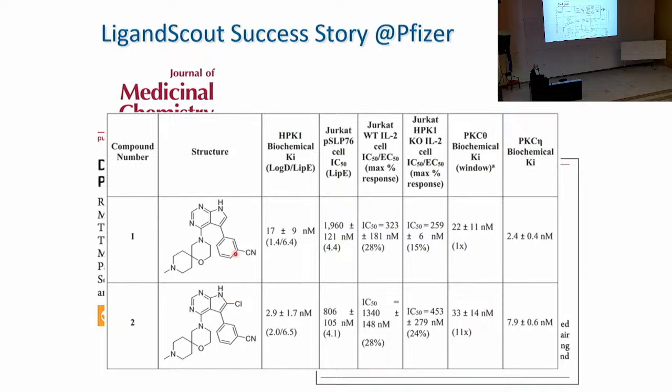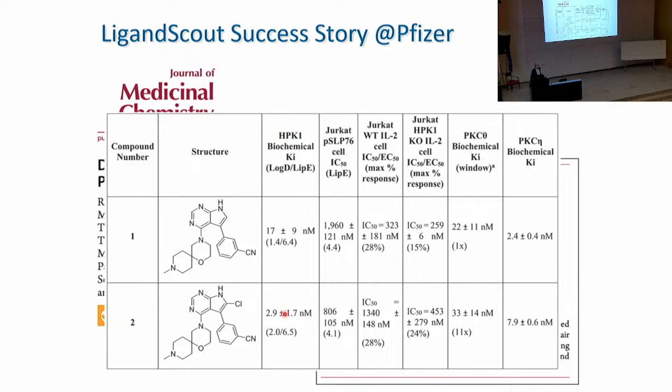This original hit was already around 20 nanomolar, so really highly active from their own collection. They mastered the chemistry, and nobody else has these compounds. A little modification gave the lead compound at 2.9 nanomolar, around 3 nanomolar, so a factor of almost 10 better.